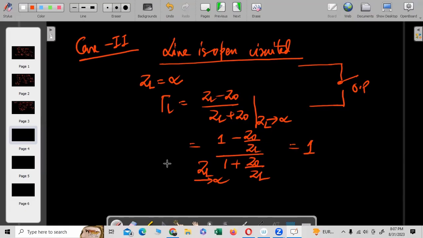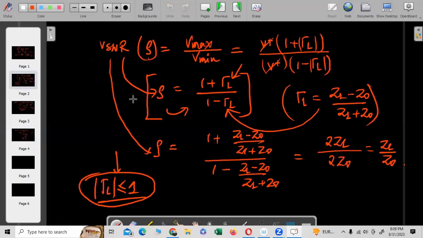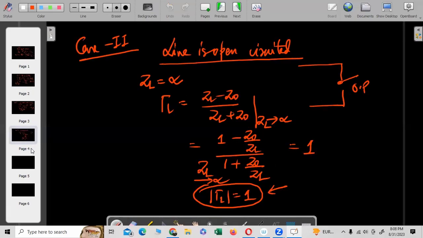So here also the mod of gamma L is 1. For both cases, short circuited and open circuited, we are getting full reflection.